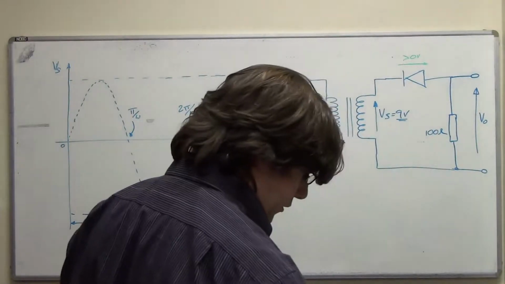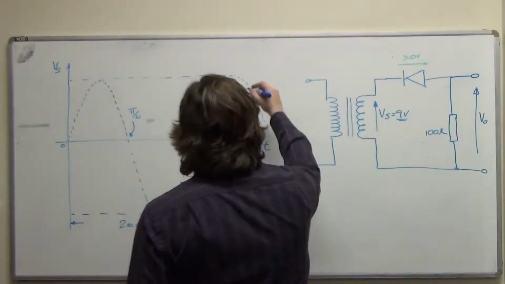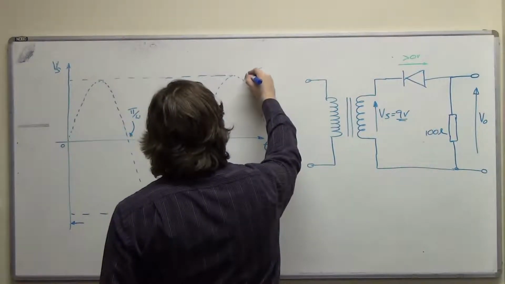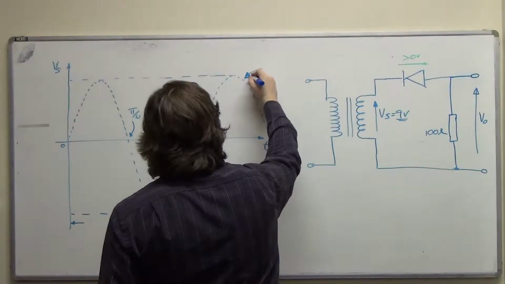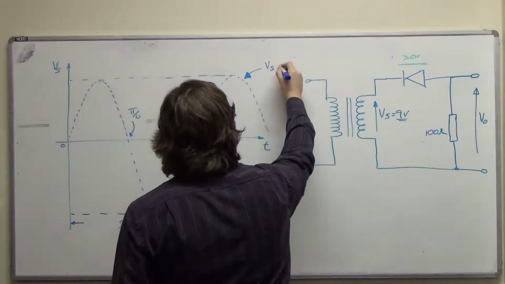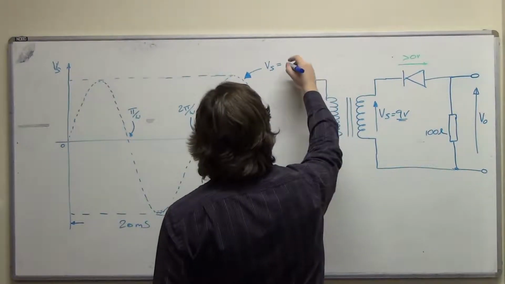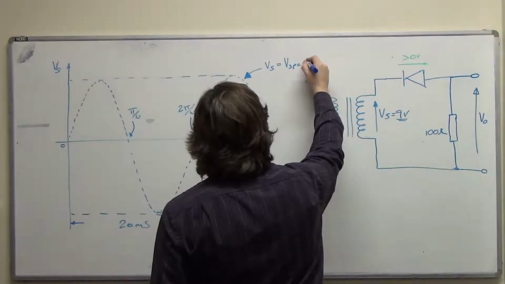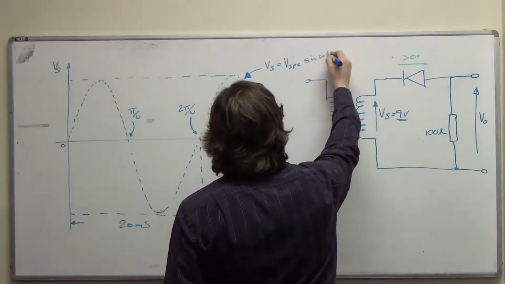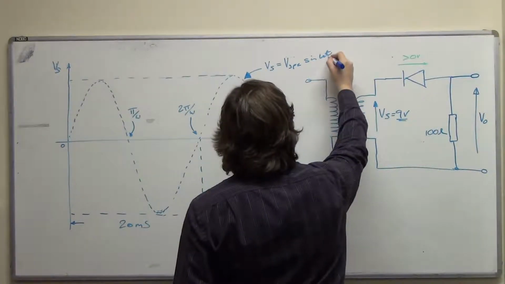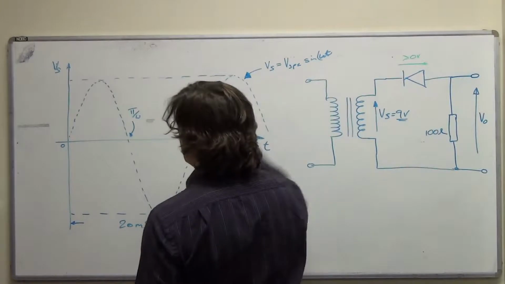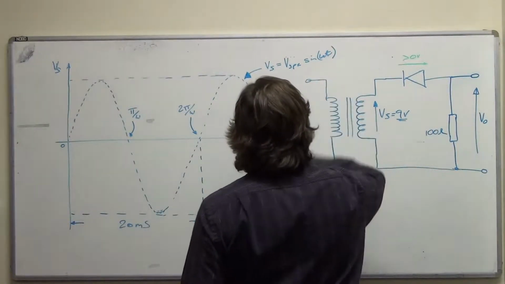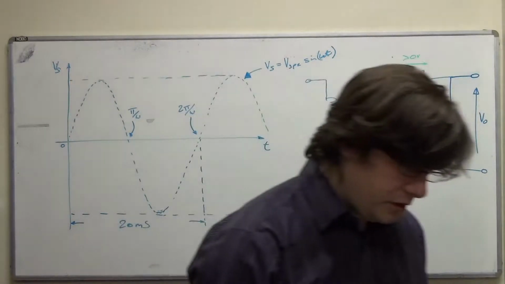And the equation for this line is Vs equals Vs peak sine omega t. I could say plus phi, but phi is the phase shift and it's 0 at the moment, so sine omega t will be sufficient.